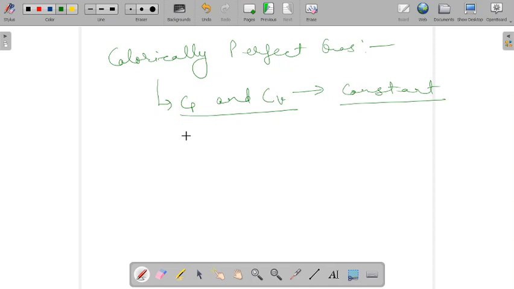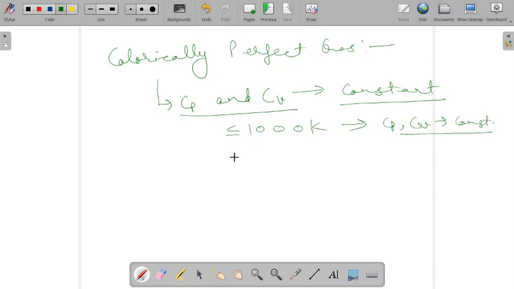The majority of gases at temperature less than or equal to 1000 Kelvin can be considered calorically perfect gases, because their Cp and Cv can be considered constant with reasonable accuracy.